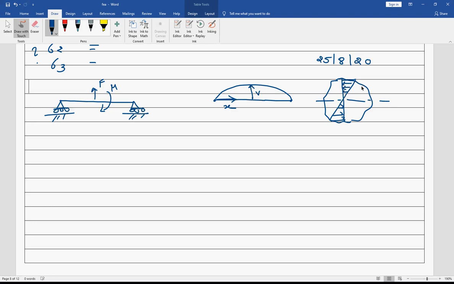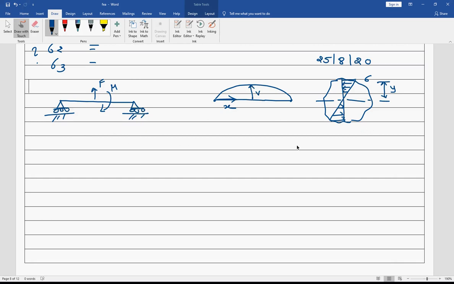So in this way my stress direction will be there. So I call it the sigma. And of course the variation in this location from the neutral axis is denoted by variable y.